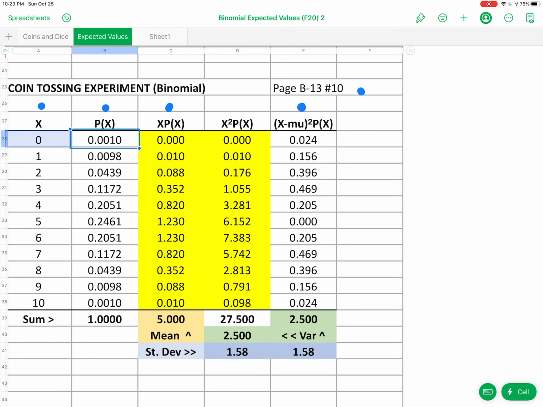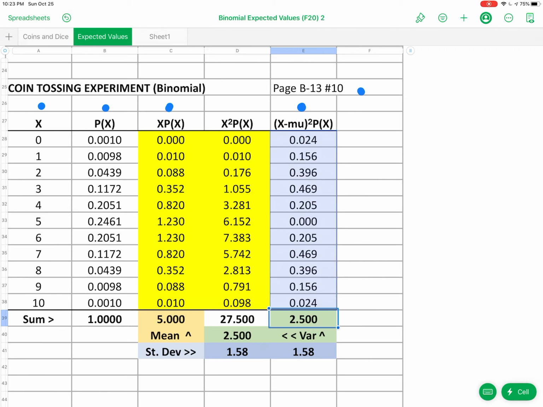This isn't exactly 0.0010. It comes out to 0.024 and so on, but it rounds to that. So that's what we end up with on that one. And we can do that for every one of these, add them up, and so this is the variance.